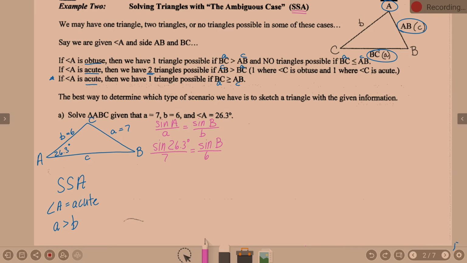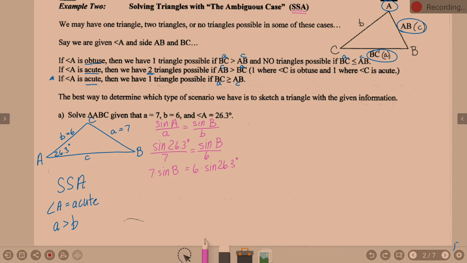Now, we're going to start this problem off pretty much the same way we started off the last one. What do we need to do? Cross products. So if we set this up with cross products, 7 times the sine of angle B is going to be equal to 6 times the sine of 26.3 degrees.